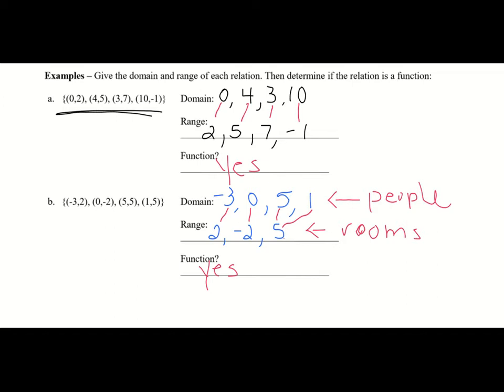But if I have an x value, or a domain, that goes to 2 different y's, let's say, and I'm just making this up, but for instance, if -3 went to 2 and -2, I can't have a person be in 2 rooms at once. We're not Harry Potter. We don't time travel. So that would make it not a function. But it's okay if our x values go to the same y value. So hopefully that helps explain it a little bit.